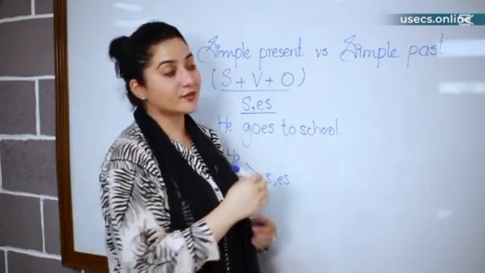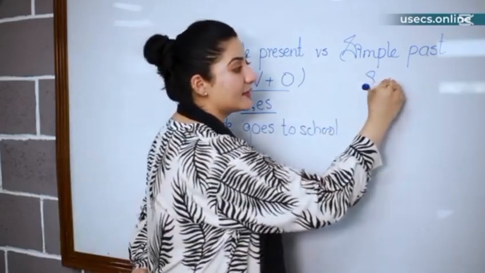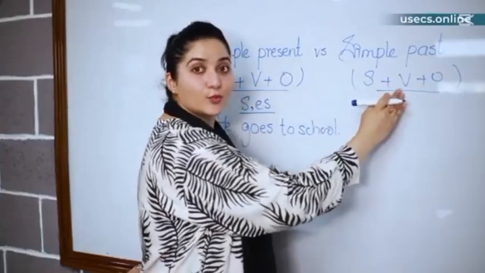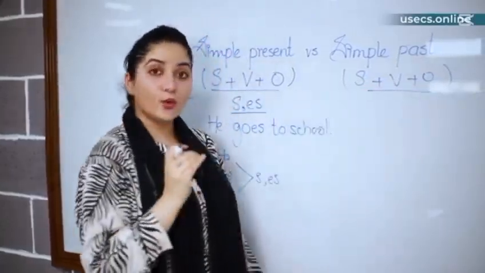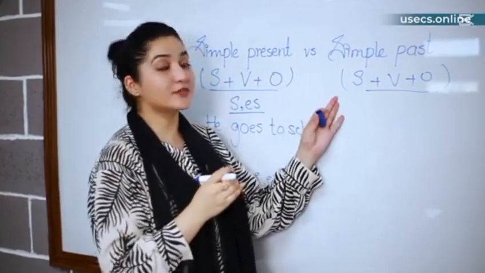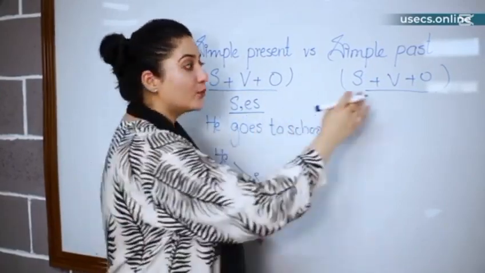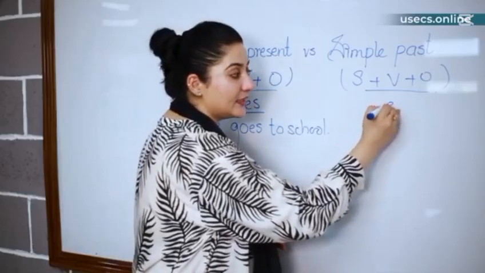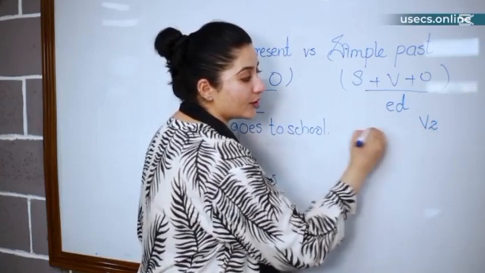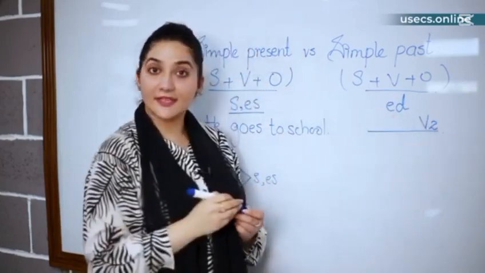Again, we are concerned with the sentence structure, and that is SVO. Subject, verb, and object. And one hack that you can simply keep in mind for remembering the simple past tense: the verb ends in ed. Or we can say we always use the second form of verb in simple past tense.